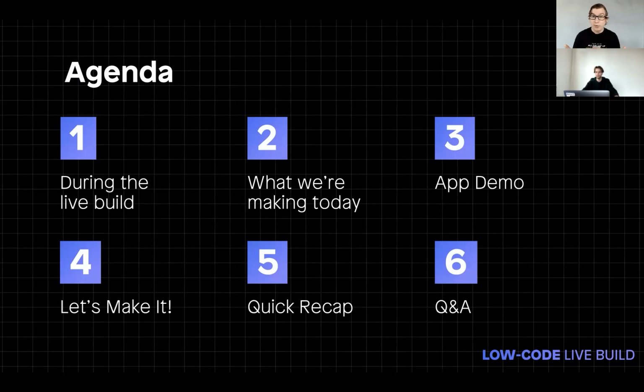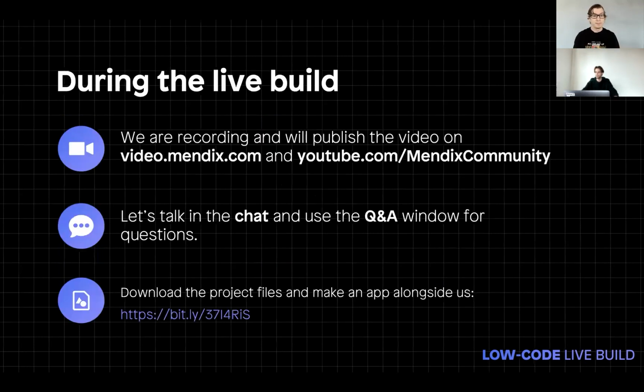And of course, step 4 is making the app itself. So this is where we go into Studio Pro, into the development, and take a look at the nitty-gritty of the app building process itself. And then at the end, of course, we'll do a quick recap of what we've actually done. And then it's time for the Q&A.